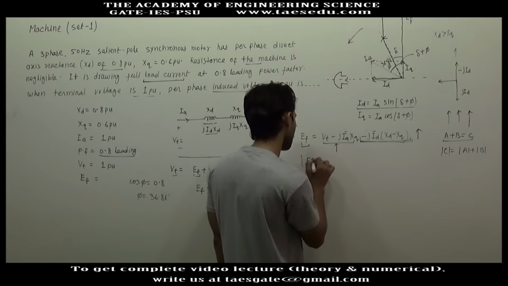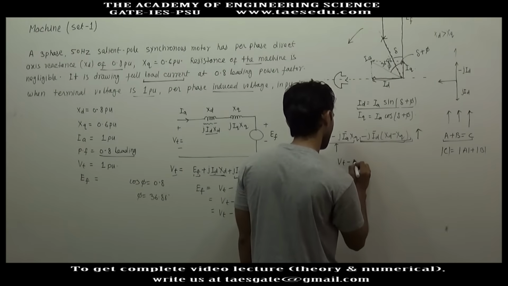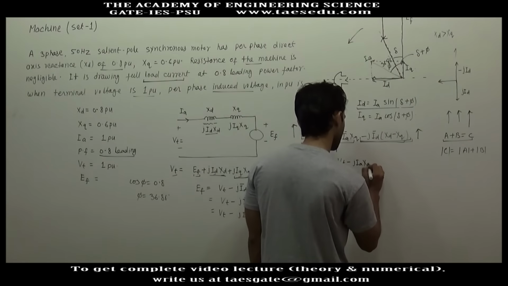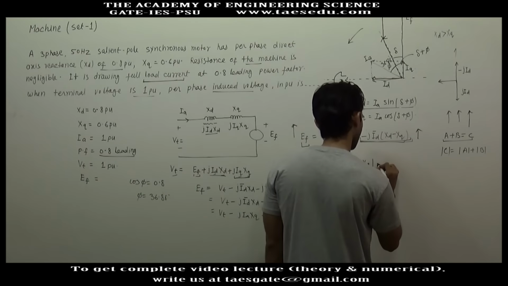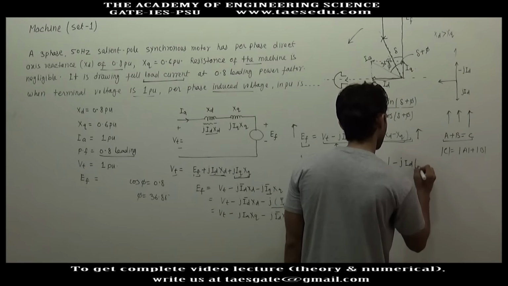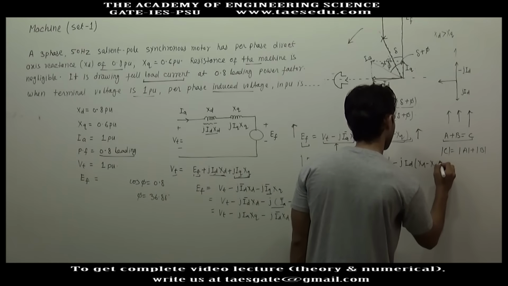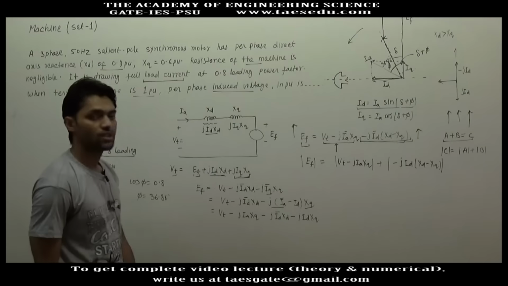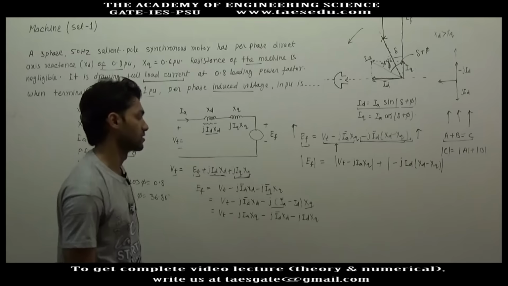So modulus of EF can be written as modulus of Vt minus jIaXq plus modulus of minus jId(Xd minus Xq). This is the way we do the calculation in a salient type synchronous machine.